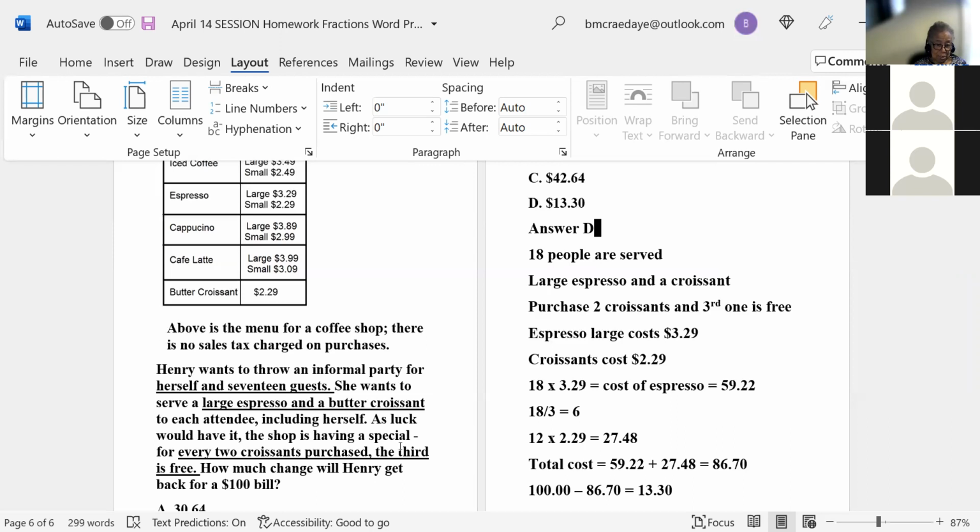Now, this one, you would have to say: number of espressos times the cost of an espresso plus the number of croissants times the cost of a croissant. That would give you the total cost. And you could put 100 minus total cost equals change left. So you could do this as a setup. In other words, we could make it a multiple choice and have you pick the right setup.